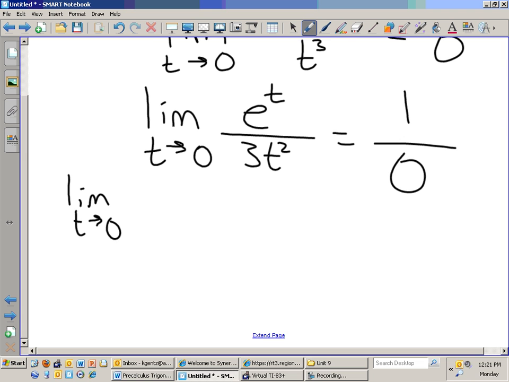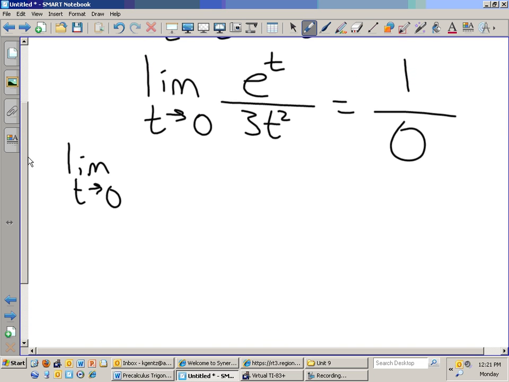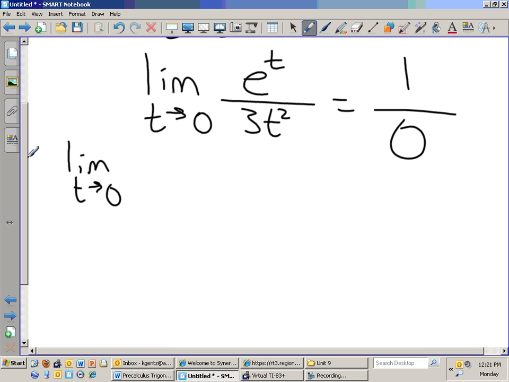I'm going to show you. As you look at this situation, you look at the limit as e to t approaches 0, and you know that that is going to 1, right?